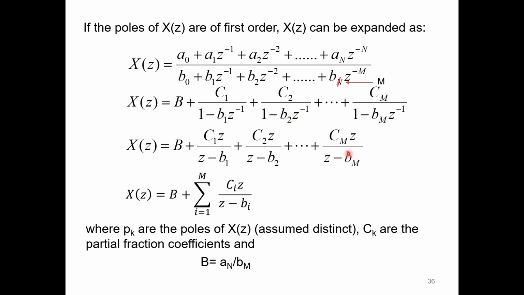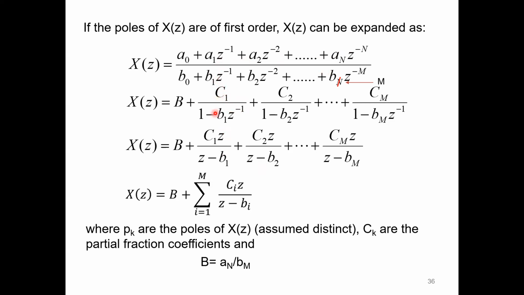Once you have the partial fractions, you can write it this way. It's a summation of first order terms, except for B, i from 1 to M, Ci z over z minus bi. You can see all of the terms are the same shape.